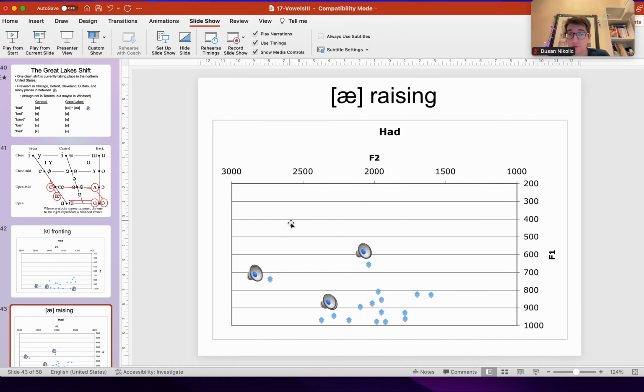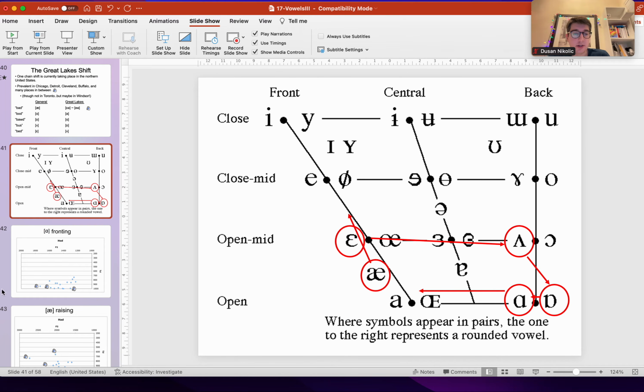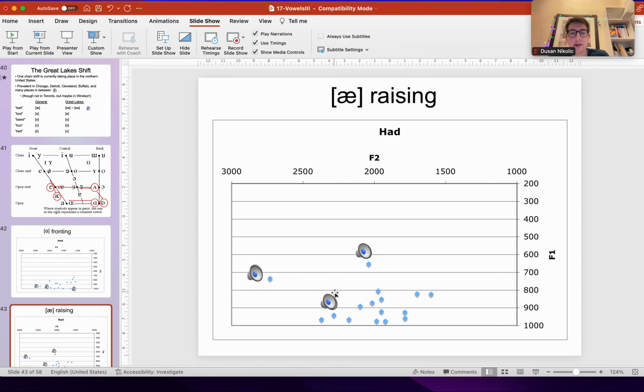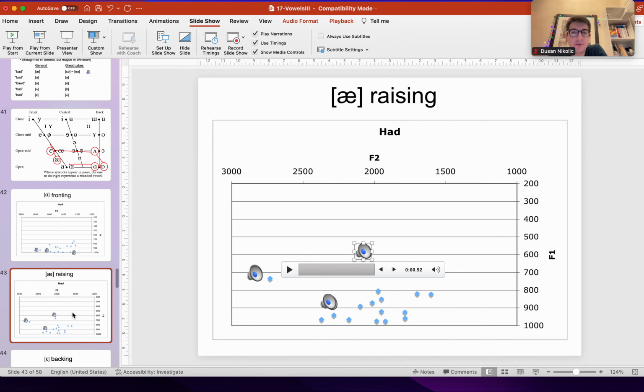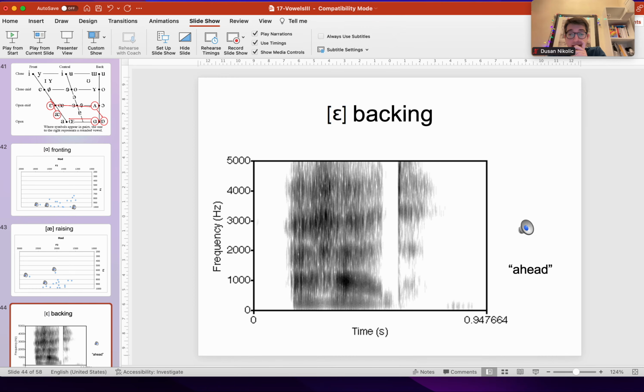Then the vowel is raising, as we said, like raising here. It should be somewhere there. Had. Right? But it goes a bit towards the front and it's raised. Had. Had. Even here it's more central, but still very high. So that vowel is being raised, and another is backing, right?